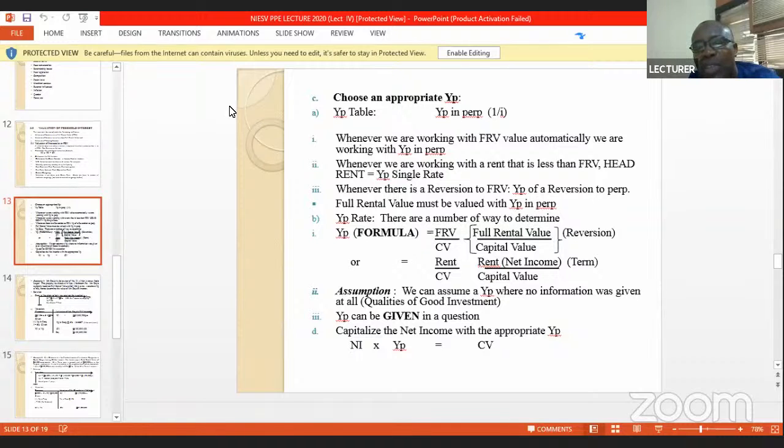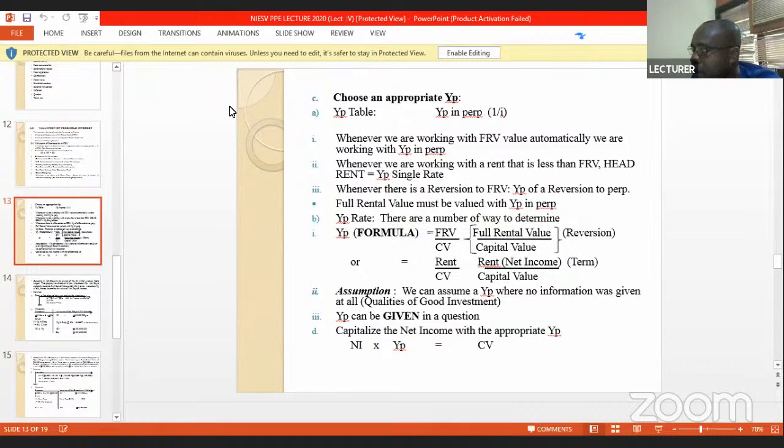So you can now see that an examiner may decide not to give you a YP, but he will give you information that will help you to work out the YP. And whenever you hear that a similar property which commands a rent of so and so amount was recently sold for so and so amount, then it means that the examiner wants you to work out your own YP.